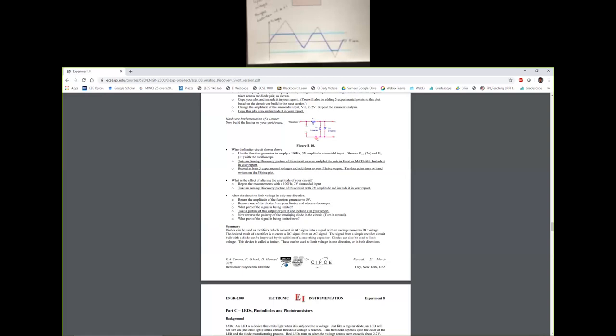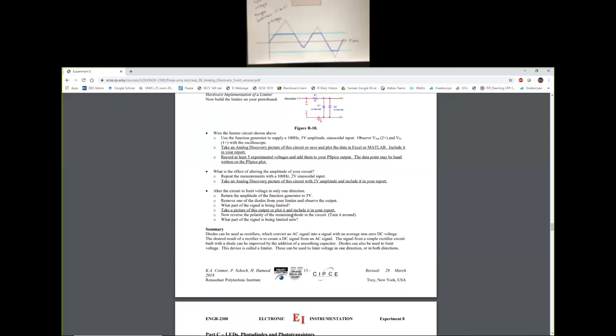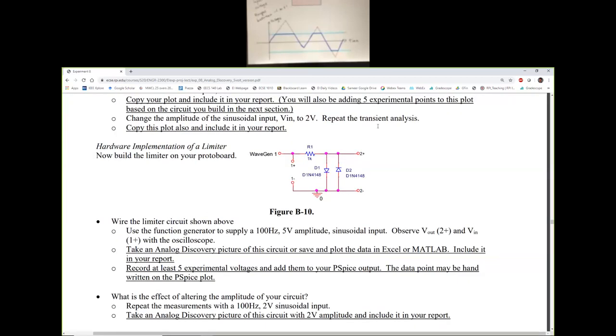If you take a look there, figure B-10 has wavegen connected to a resistor of value 1K, and there are two diodes parallel to each other, and those diodes are functioning as such. D1 is going to be forward biased for positive voltages of wavegen, and D2 will be forward biased for negative voltages of wavegen.